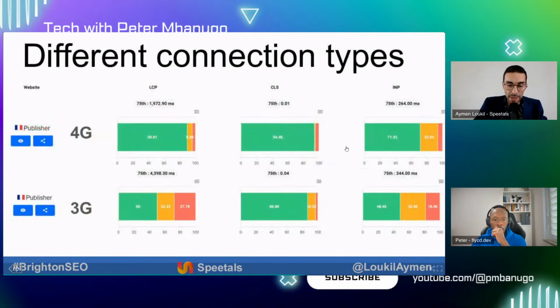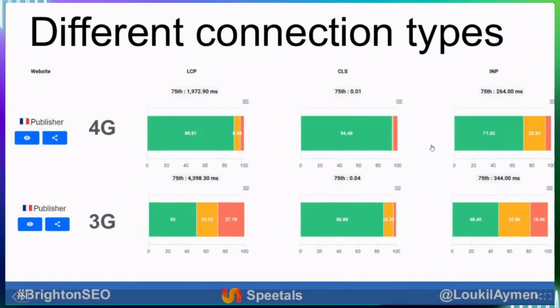Another type of segmenting the data is by the type of the connection. So here it's a French international big publisher, a news website. And on 4G, it's nearly perfect. INP still needs some improvement. We are just at 71% of good sessions on mobile.